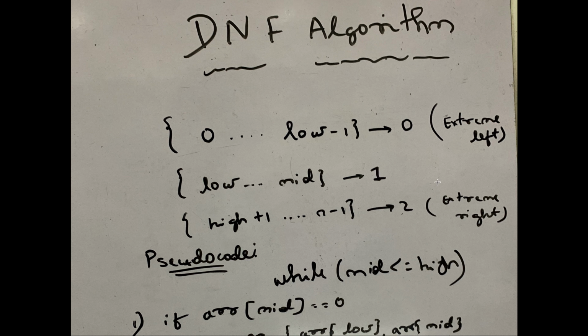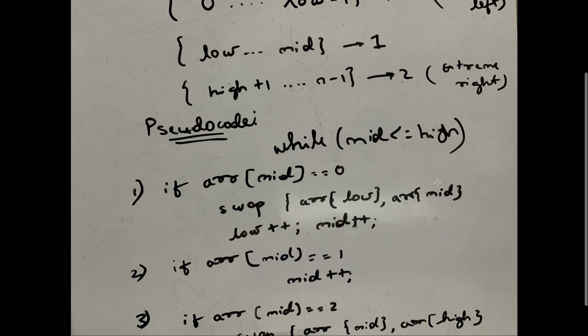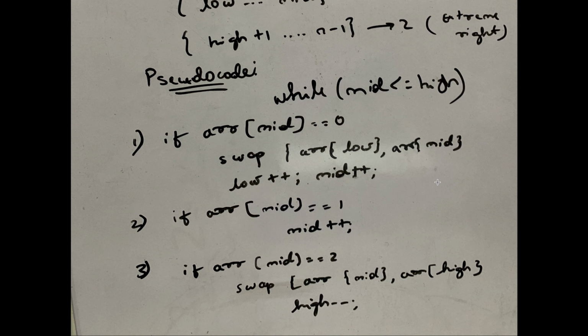So to solve this problem, we will use the three pointer method. We'll create three variables, that is low, mid and high. Low and mid will start from 0; we will place both of them at 0 and high at n-1, that is the last. The pseudocode will look like this: we check the number.